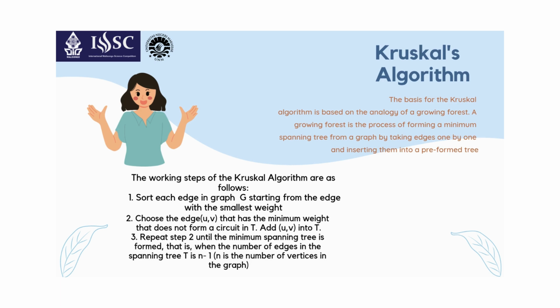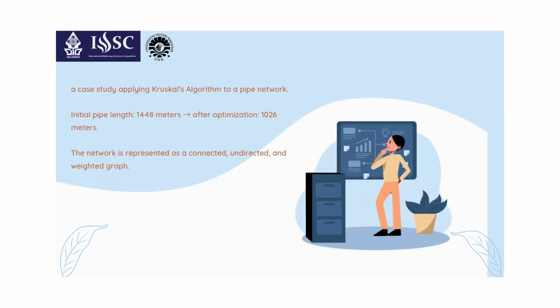And now we will discuss the classical algorithm used to optimize the length of the water pipe installed on Jalan Ina Tuni, Karang Panjang, Ambon. A case study applying the classical algorithm to a pipe network.